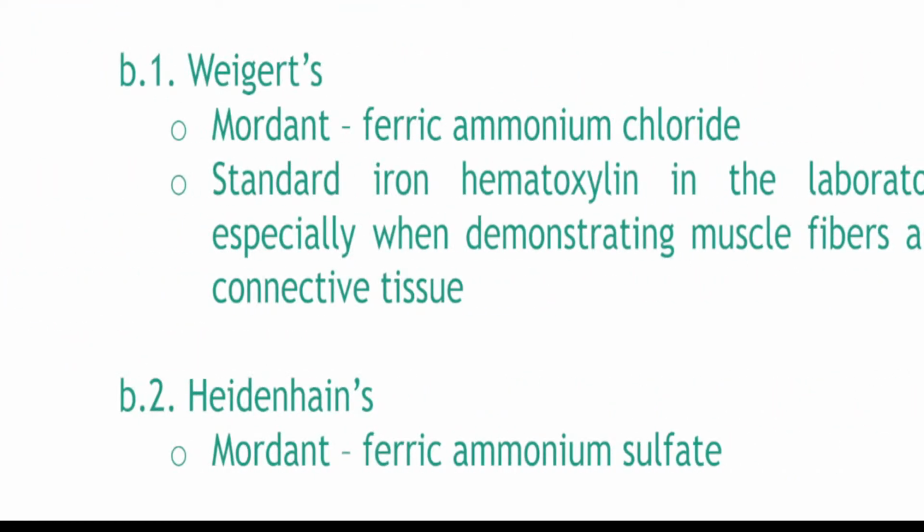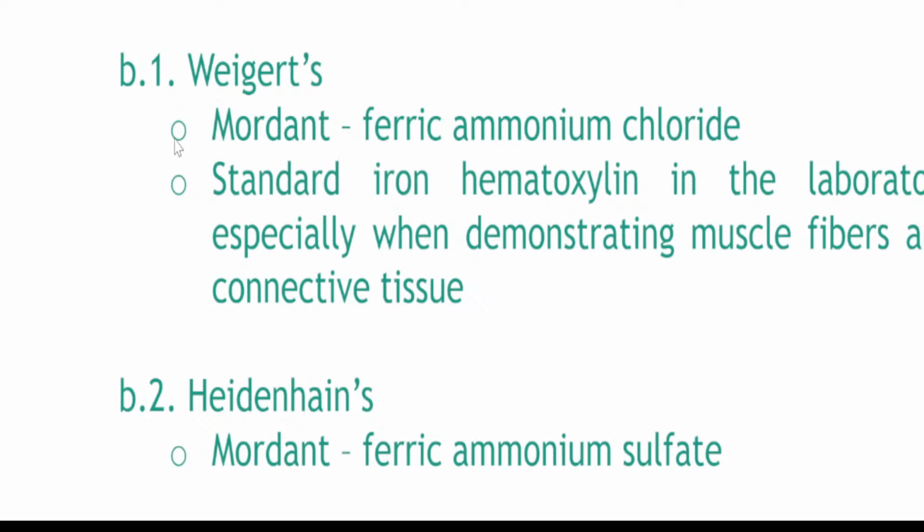Okay, next we have iron hematoxylin. We have Weigert's or Heidenhain's hematoxylin. We use mordants on these types of hematoxylins, and usually an iron-based reagent is used as the mordant.